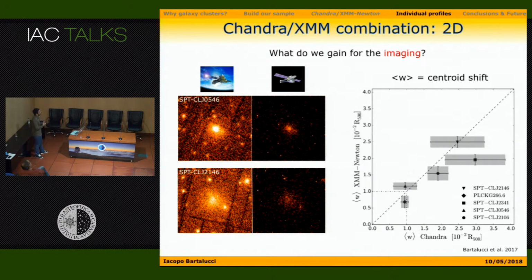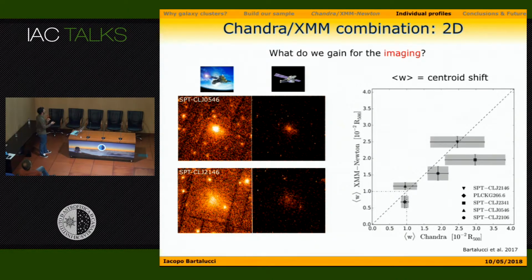For example, we can use a quantity called the centroid shift, which is basically the difference between the peak of X-ray emission and the centroid at large scale. So if the cluster is perfectly round, the peak and the centroid should be basically the same, and if the cluster is disturbed, they should be very far away.